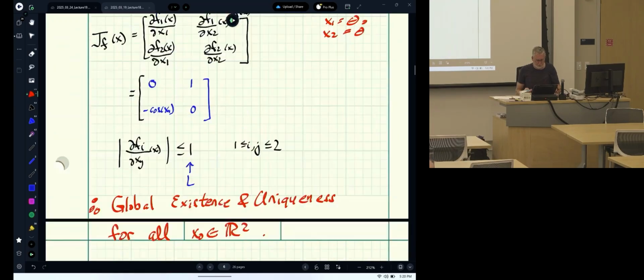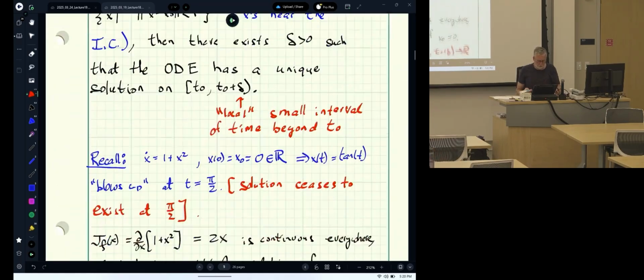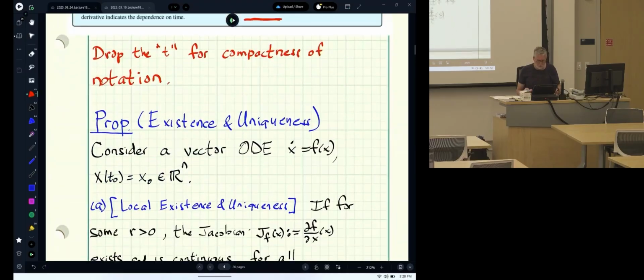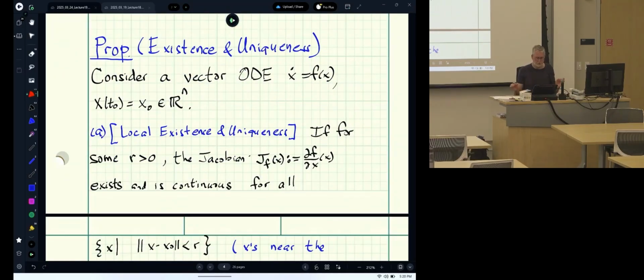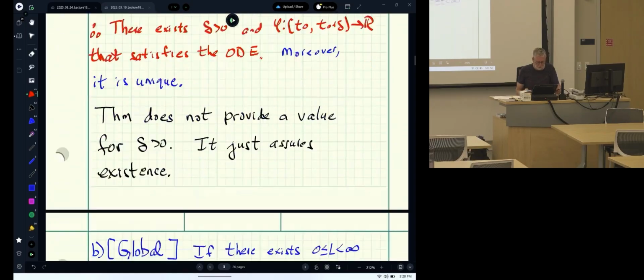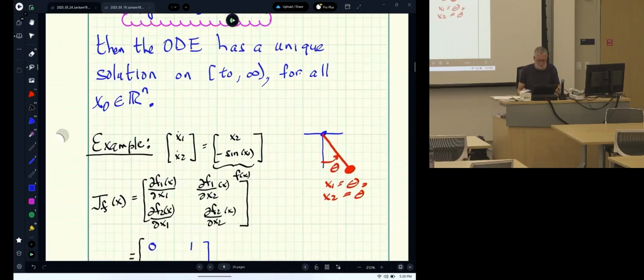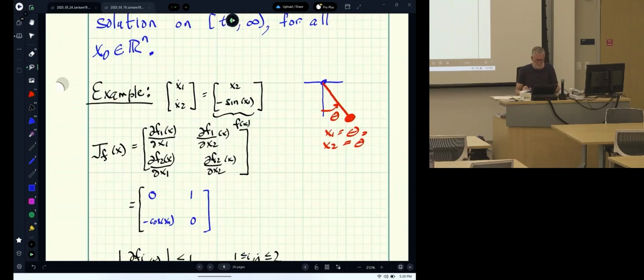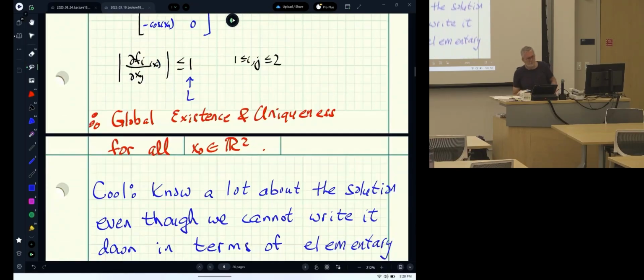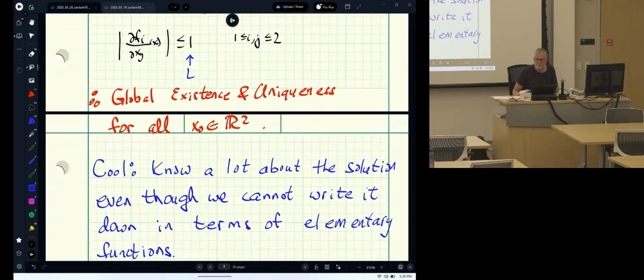And the main thing that we've covered is these conditions for existence and uniqueness. So if you have a differential equation, and the Jacobian is bounded locally, we get local existence and uniqueness. If the Jacobian is bounded globally, the solutions exist for all time, for all initial conditions. It's beautiful. Okay, stop there.